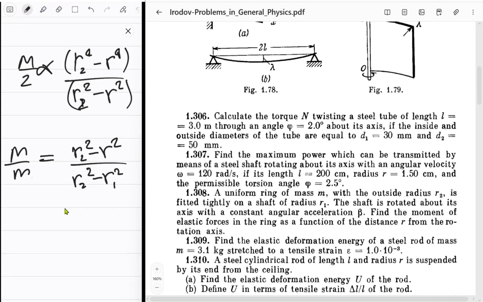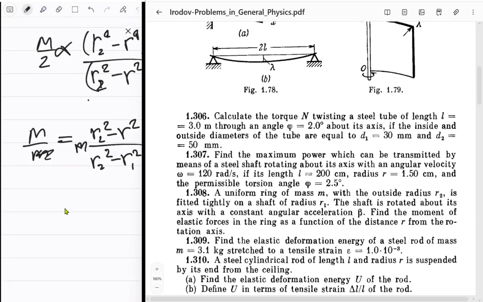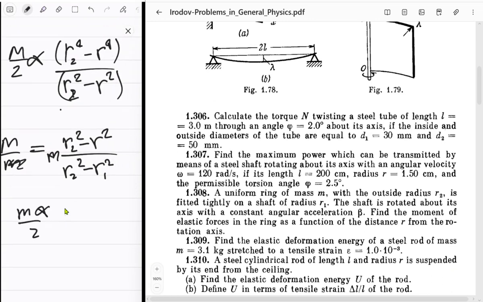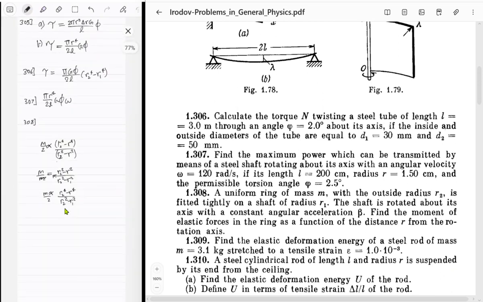That's better. So M is equal to this thing. Just put that in there. Some stuff will cancel out. It's just m alpha upon 2, R2 power 4 minus R power 4, upon R2 power 2 minus R1 power 2. Good. Next question.